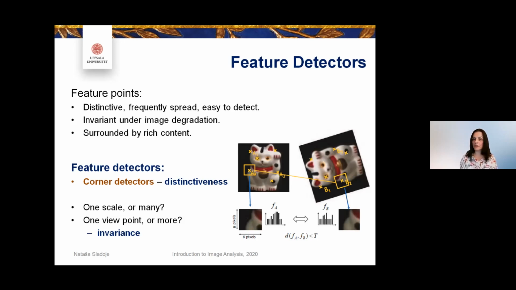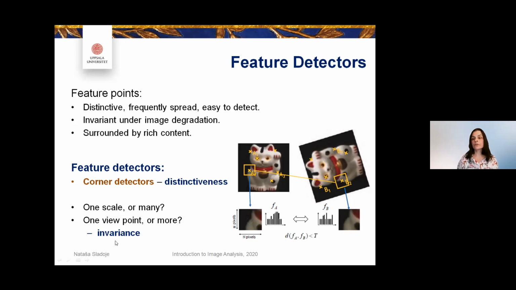That is what we analyzed in the previous examples. And that tells us then what our feature detector algorithms should focus on. To ensure distinctiveness, we would like to look for corners. That was also exemplified in the previous slides.